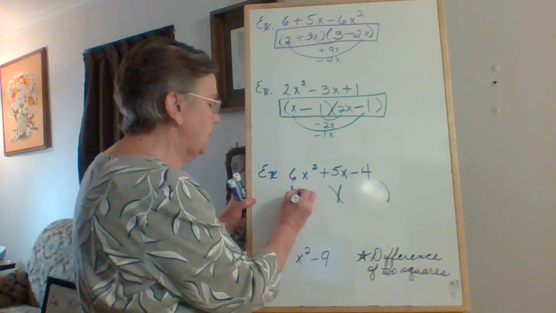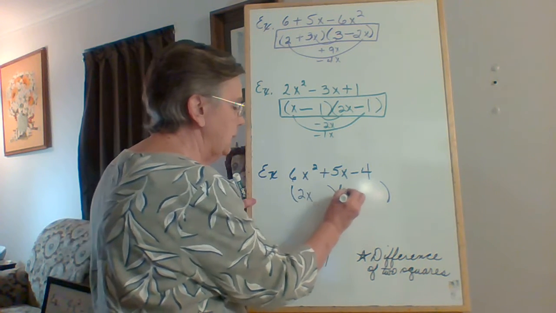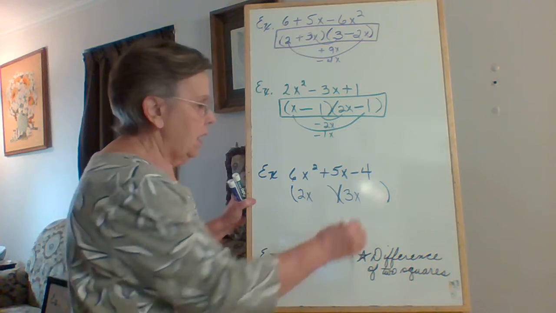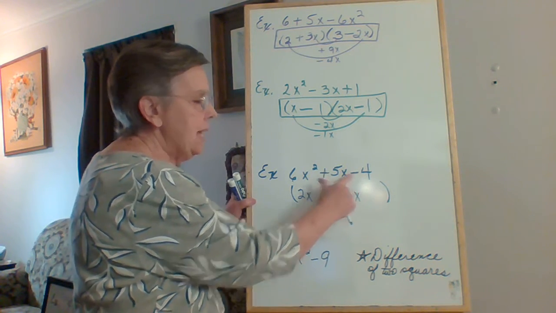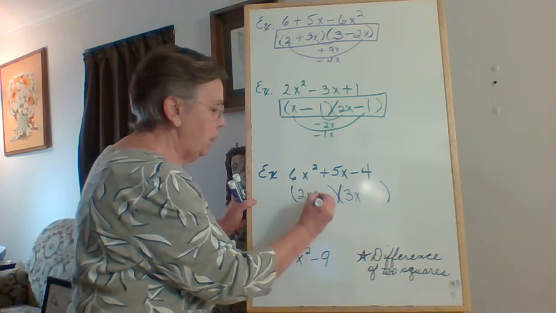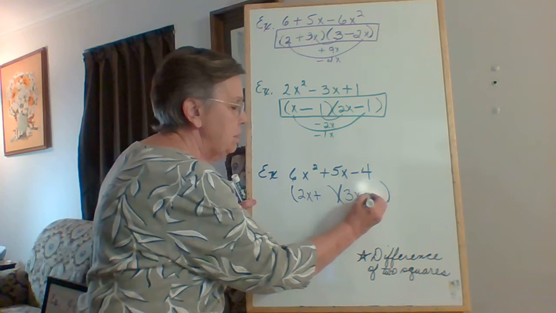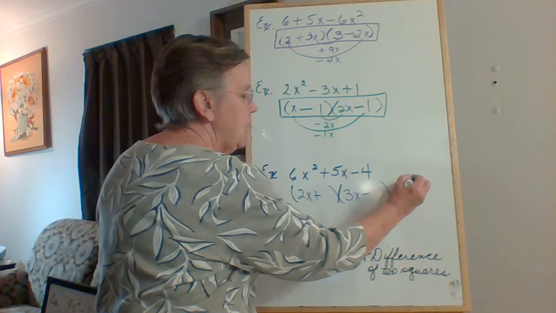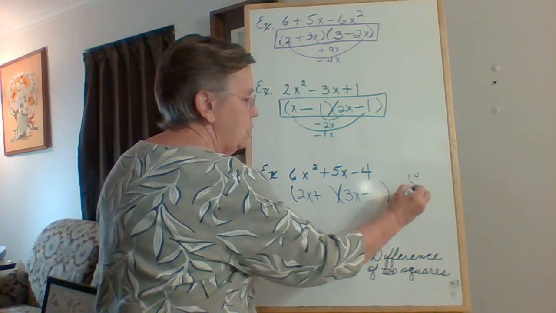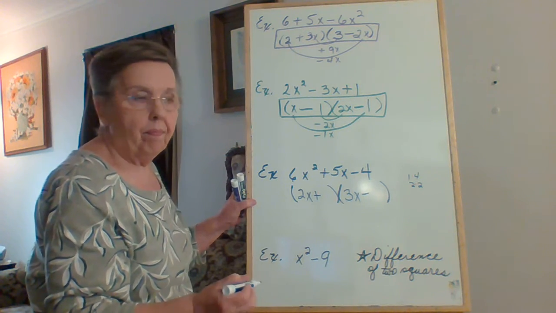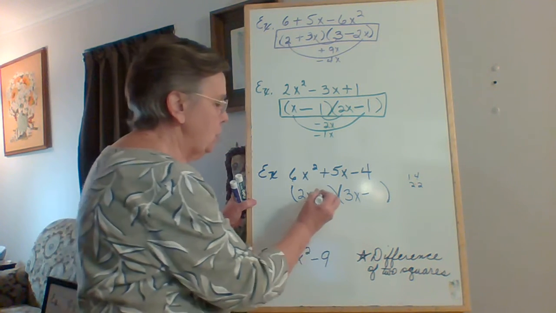I'm going to try 2x and 3x. The last term is a minus. So that means one of them is plus, one of them is minus. The factors of 4 are 1 and 4, or 2 and 2. Let's try 2 and 2.